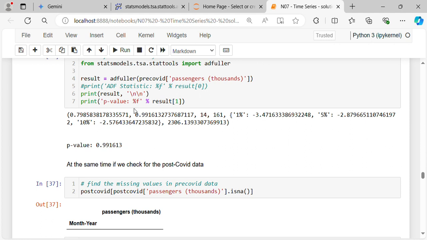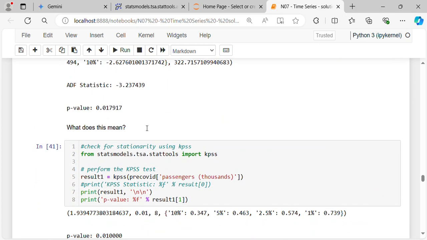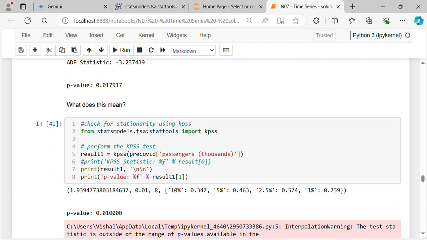And for the pre-COVID, we also did the KPSS. I'll show that. So for the KPSS, check for stationarity using kpss. From statsmodels.tsa.stattools import kpss. Perform the kpss test. Let result 1 equal kpss of passengers in thousands.